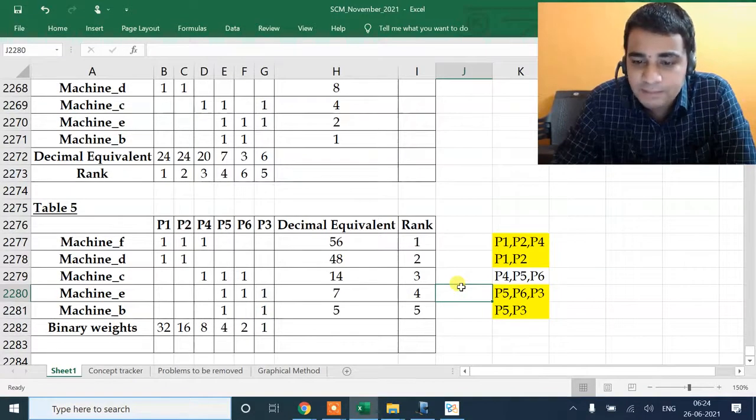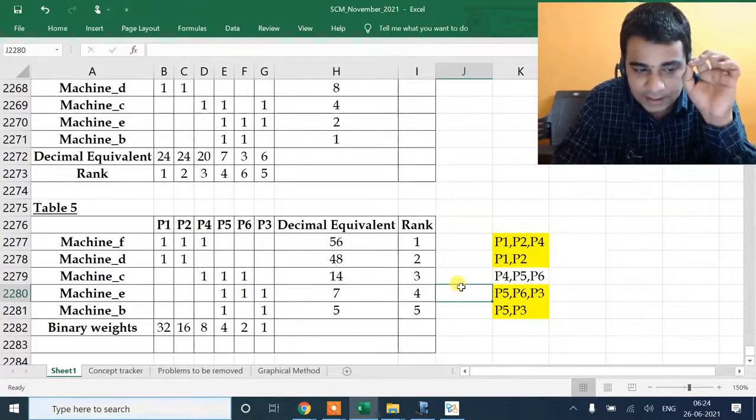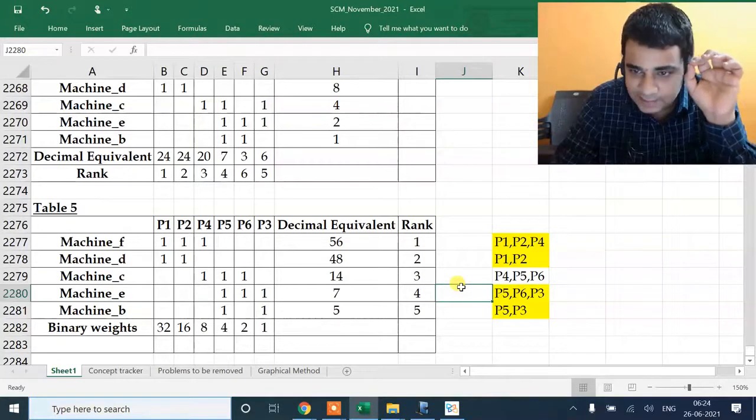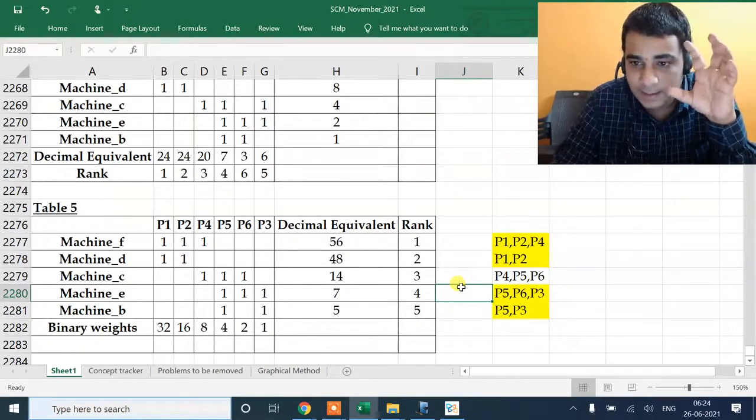The problem is with machine C. Because machine C processes a product called P4, which is also processed in machine F. Listen carefully. Machine C processes P4, which is also processed in machine F. Then I can say F, D and C can be combined together.